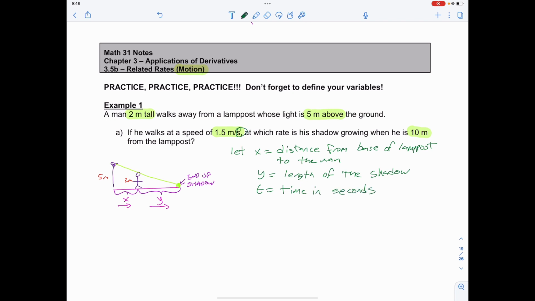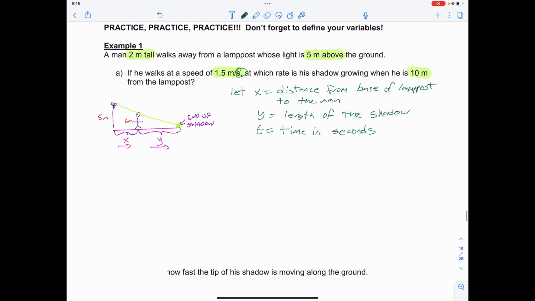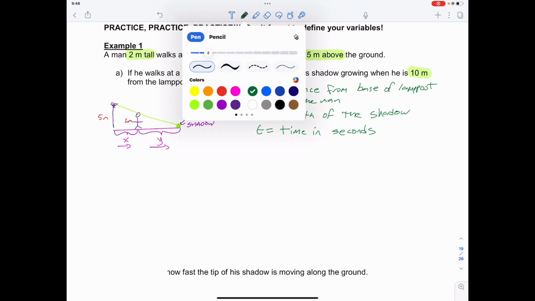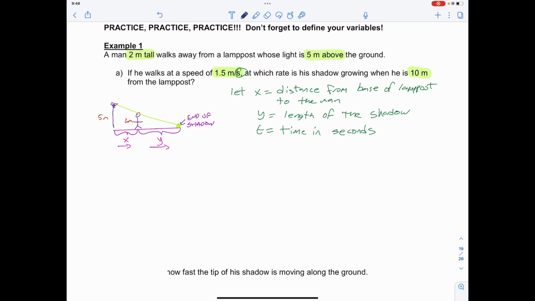And we can tell that from our units here. Then we're going to say, what do we know? Well, we know that dx over dt, the rate that he is walking away from the lamppost, is 1.5 meters per second. And we're trying to solve for dy over dt.